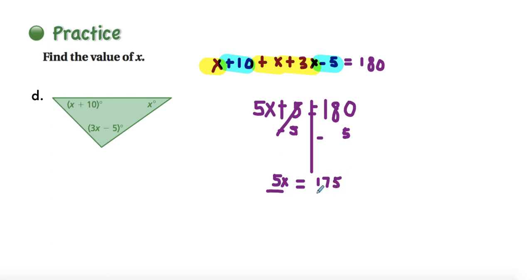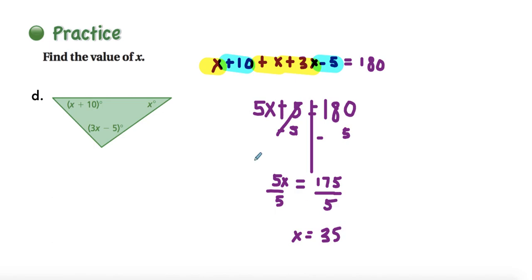I'm going to divide on both sides of my equal sign. So 5 divided by 5 and 175 divided by 5. And x is equal to 35.